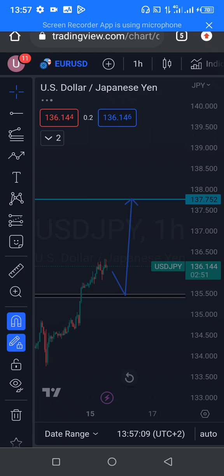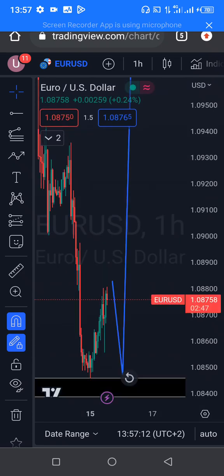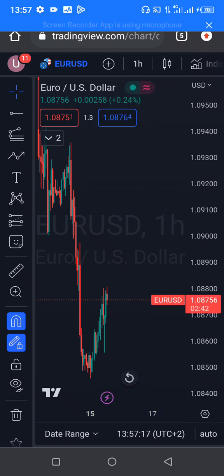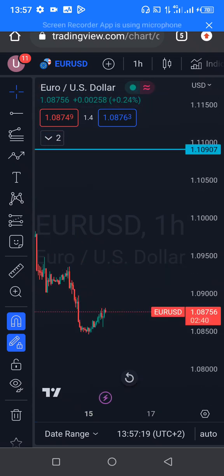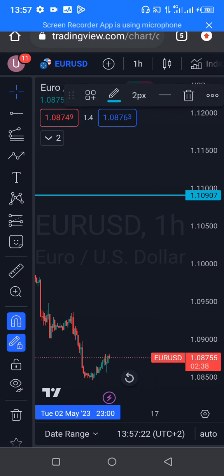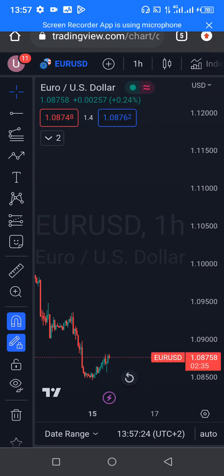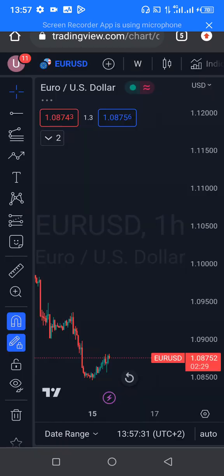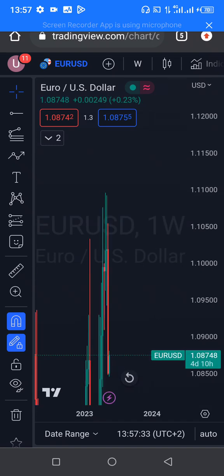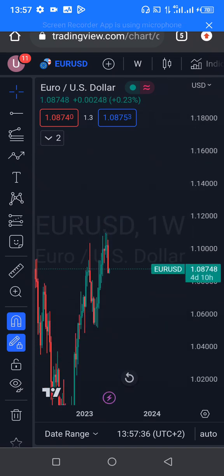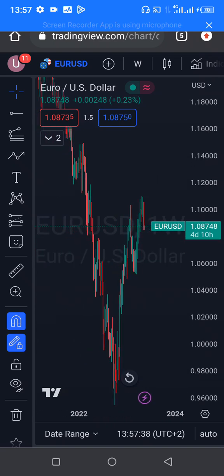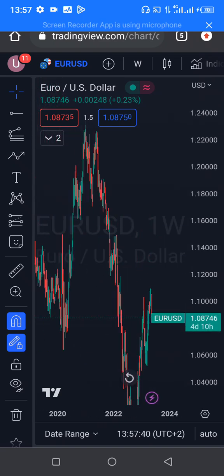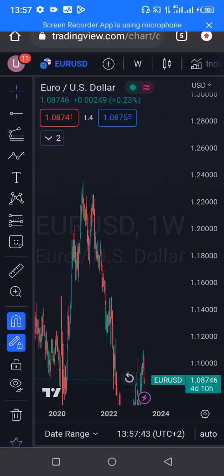So let's go to EURUSD. Let me erase this. Okay, so let's go to a weekly time frame to find our overall trend. So our overall trend for EURUSD, let's start here.